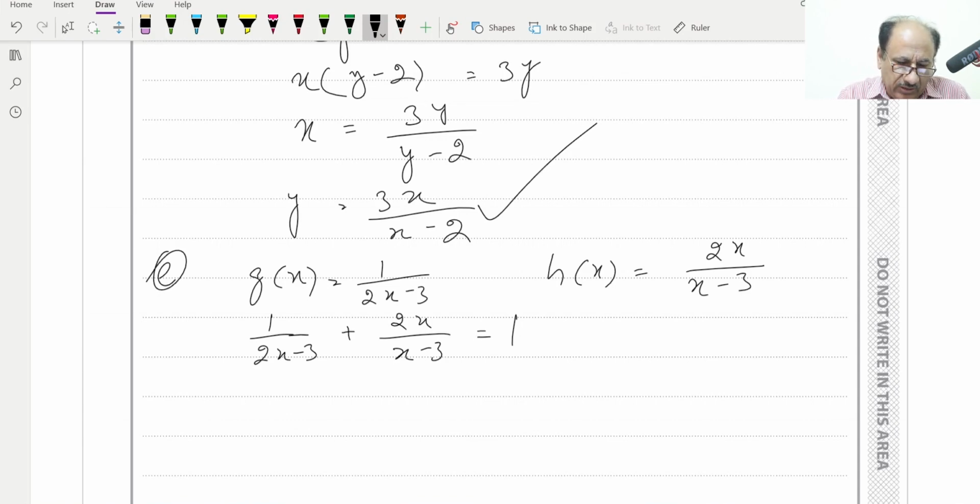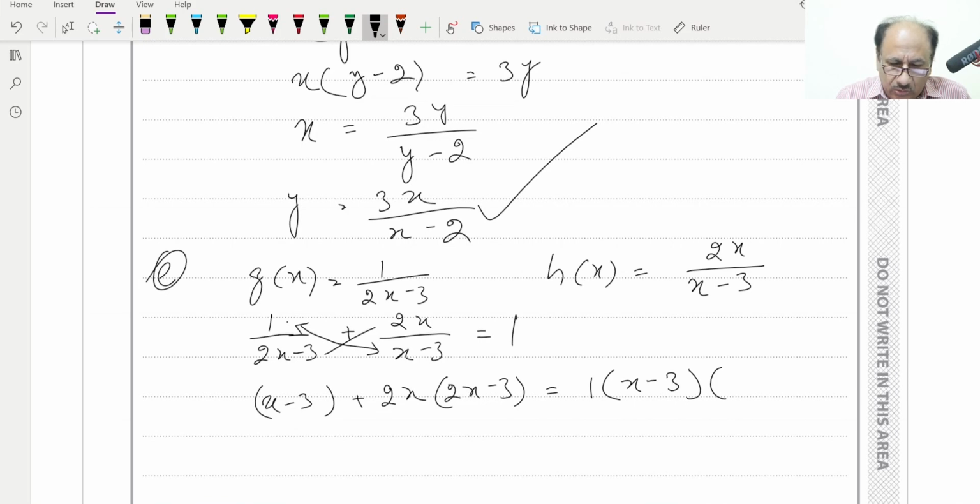To simplify this, we can multiply 1 with x minus 3, so x minus 3, plus 2x with 2x minus 3, is equal to 1 into x minus 3 into 2x minus 3. Hopefully this is the cross multiplication which we have done. Now we have to just simplify.